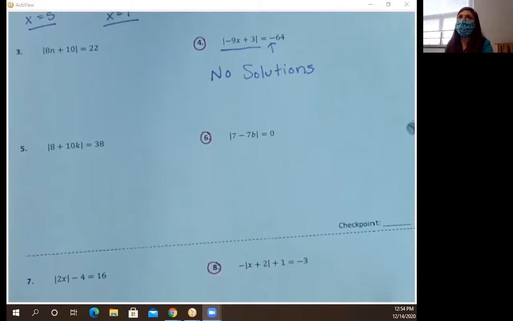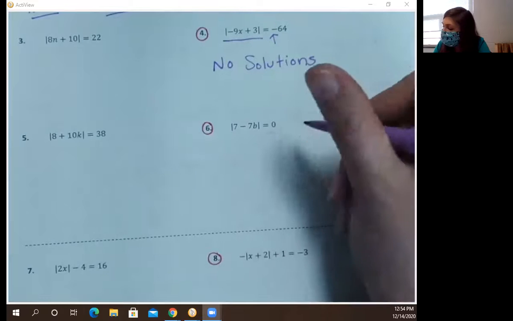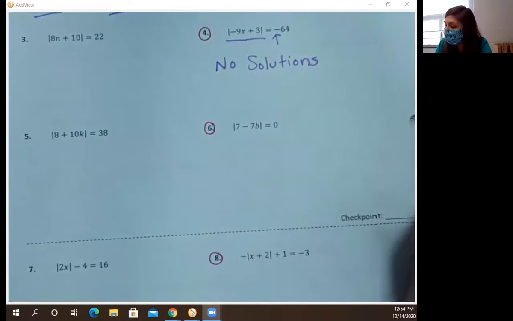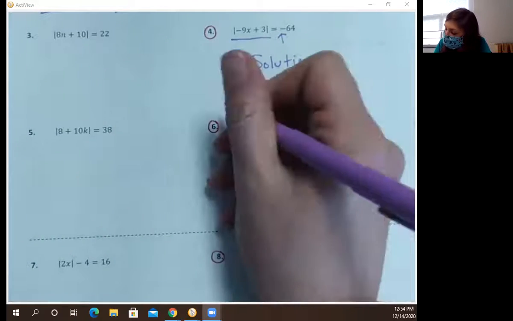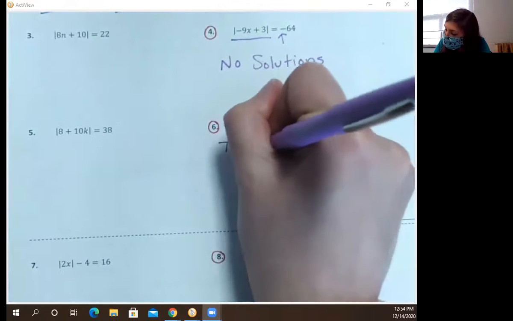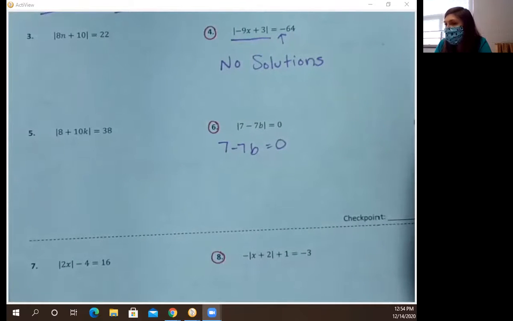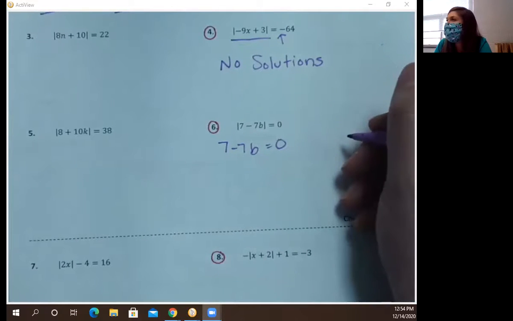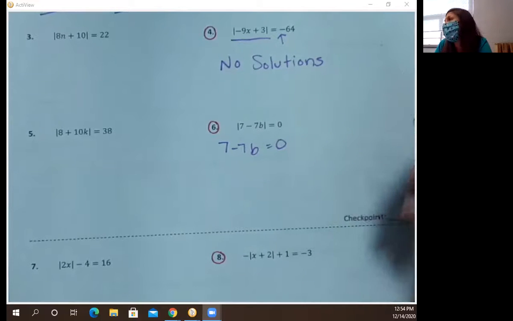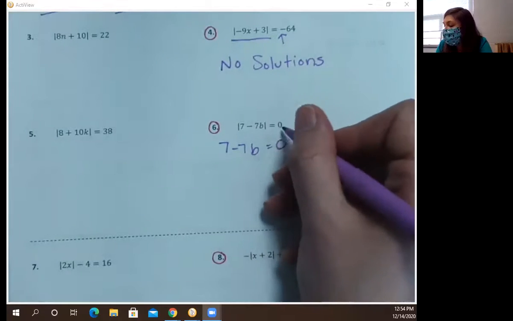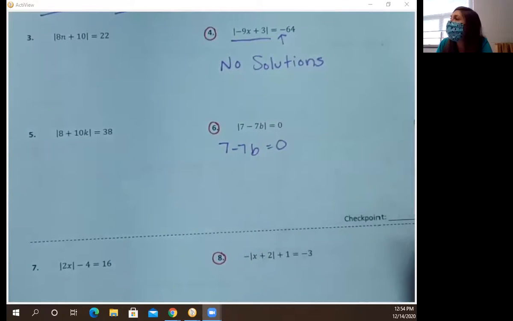Okay, let's hop down to number 6. So on number 6, we've got an absolute value equals 0. That's okay. So I'm going to take the stuff inside of my absolute value and set it equal to 0. And then do I need to set it equal to -0 as well? No, 0 isn't positive or negative. So in the instances where I'm equal to 0, we only have one equation that we need to solve.